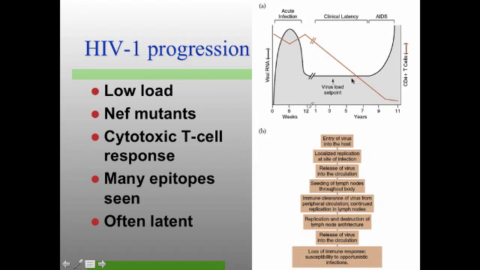And then at some point, and it's not entirely clear how and when this happens, you have a real spike in terms of the amount of viral RNA and the amount of disease which happens, and this is when AIDS happens. It's an acquired immunodeficiency syndrome.